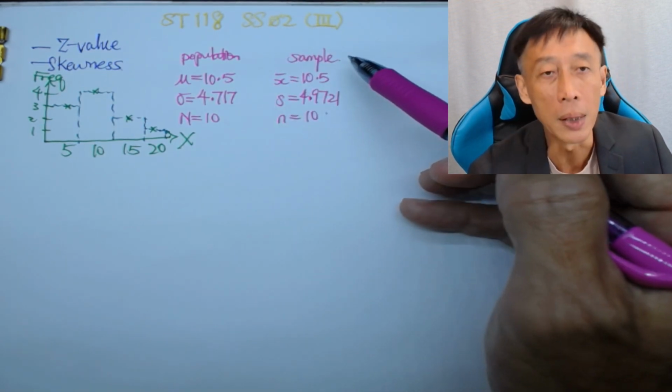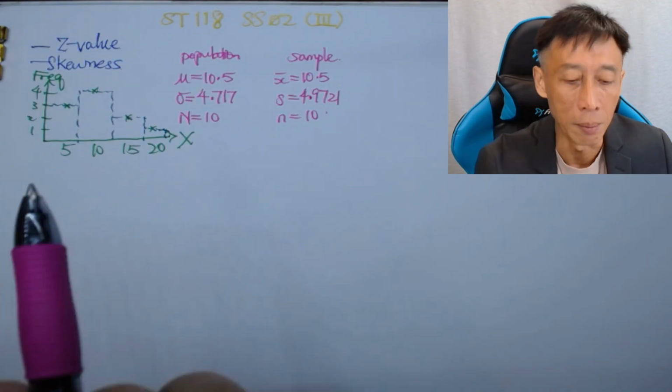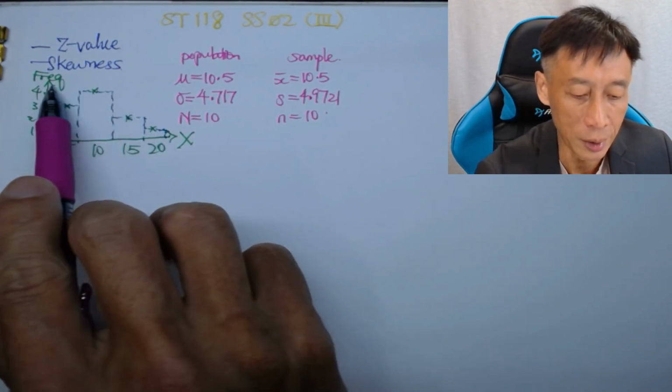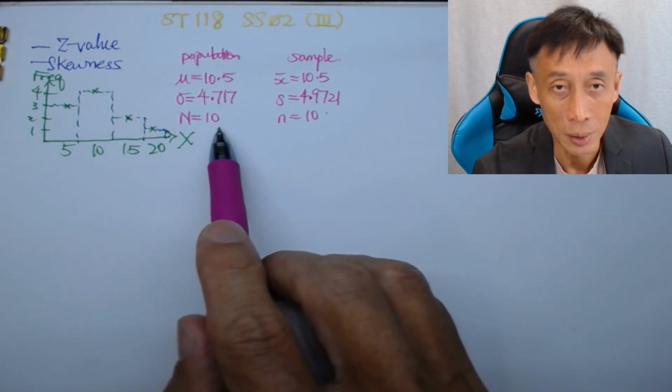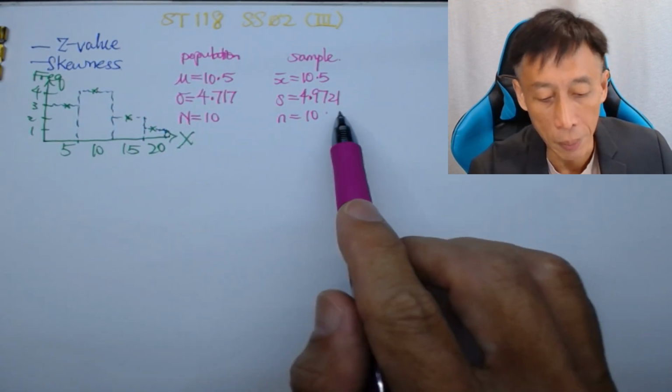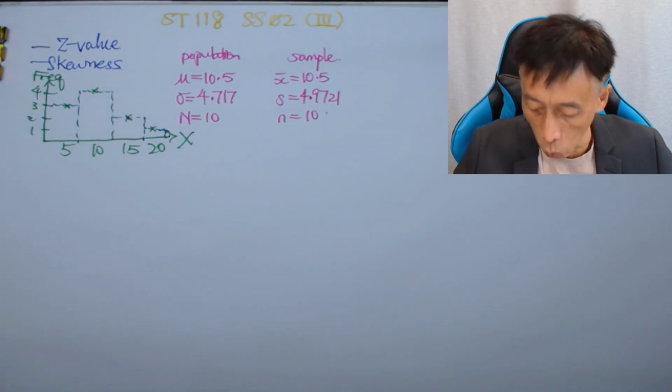We're stuck with it. But here, just to understand the concepts, I'm reusing the same set of data. If treated as population, we get these numbers. The same data, if treated as sample, we get these numbers. So that was what was going on.